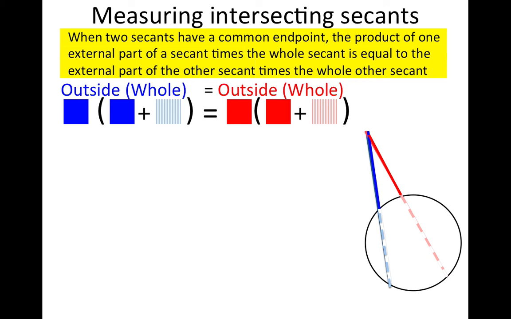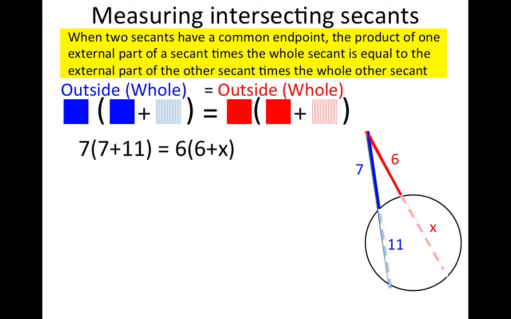Let's see an example of how this works. So imagine that the outside part of the blue secant is 7, and the inside part, the blue chord, is 11. The red part is 6, and I'm being asked to find the red chord, the part of the secant inside the circle.